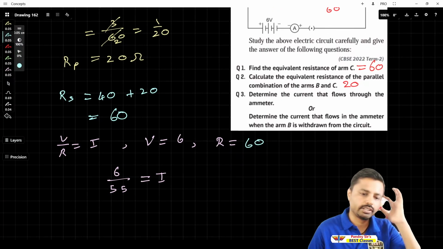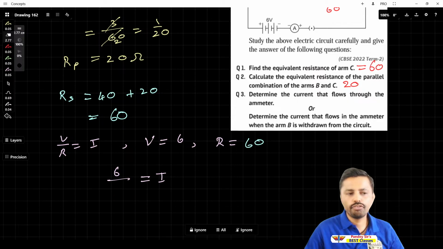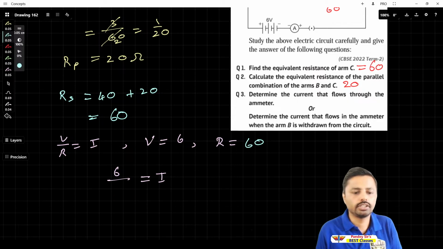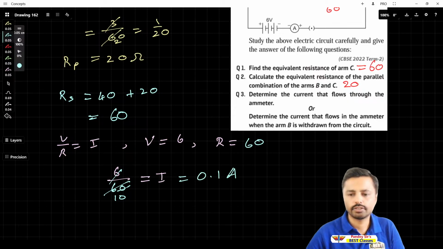Now it's somewhat better, because generally 55 they won't give in case based questions. So I will be 1 by 10, that's 0.1 ampere. That's the total current.